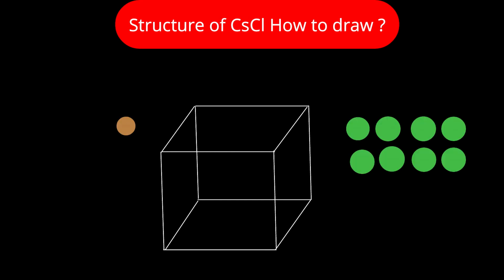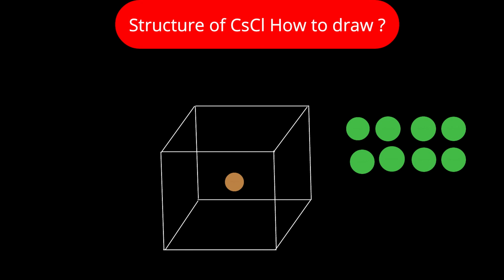Now I should arrange this one cesium plus ion, shown in yellow color, and 8 chloride ions, shown in green color. Where should I place that cesium plus ion? Yes, at the center of the cube. Here it is at the center of the cube. What about chloride ions? Where should I place them?